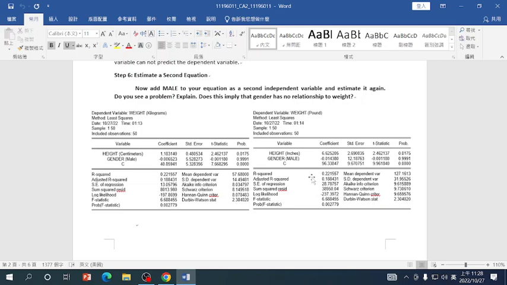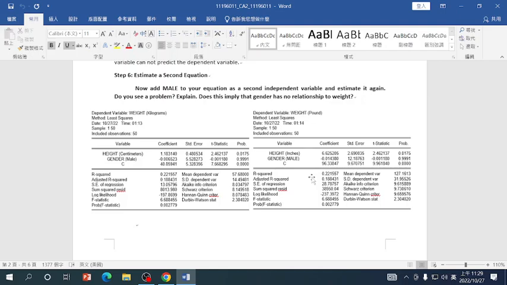Coefficient for height, please. Holding gender as constant, if height increases 1 inch, then the weight will increase by 6.62 pounds.